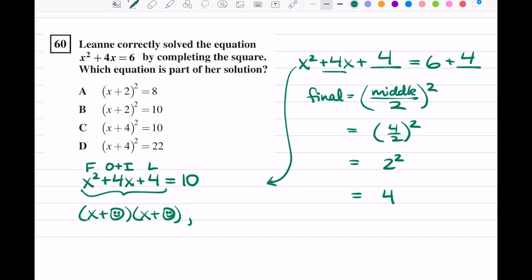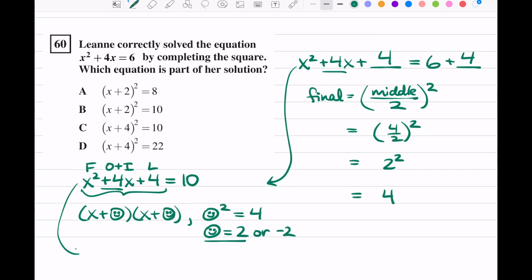So that tells us that our smiley face times smiley face, or smiley face squared, is equal to 4. So what number squared is equal to 4? That would be positive 2 or negative 2. However, since our O plus I is a positive 4, we can only get that from a positive 2 for our smiley face.